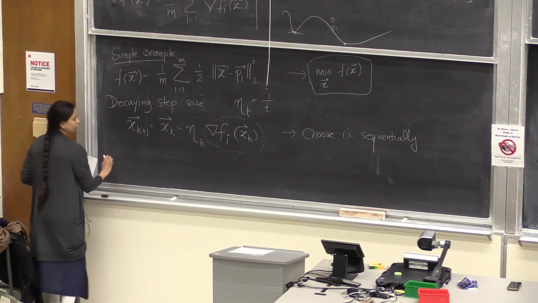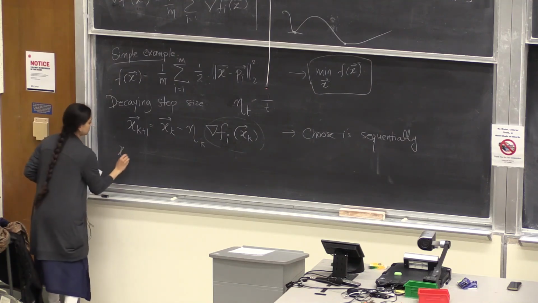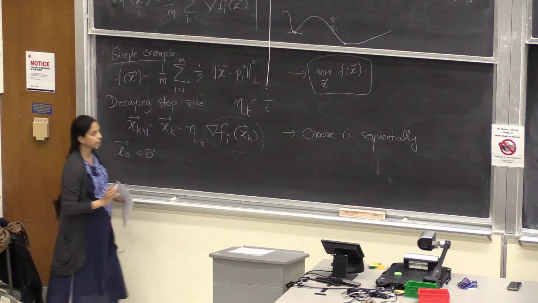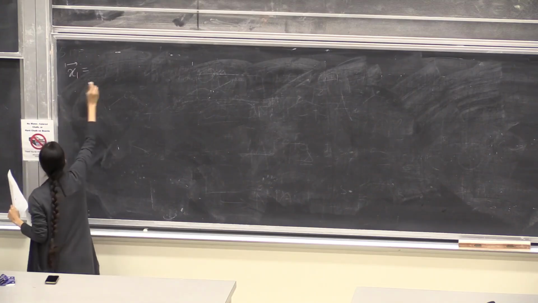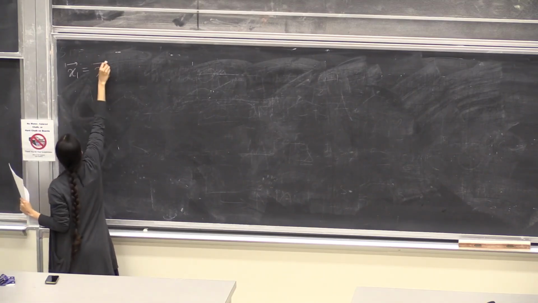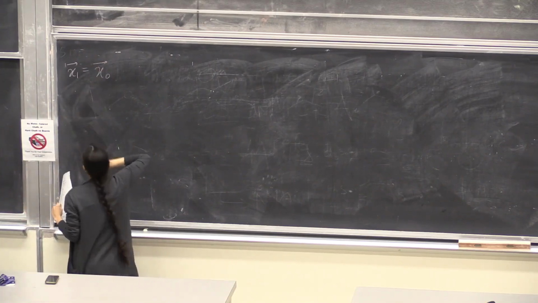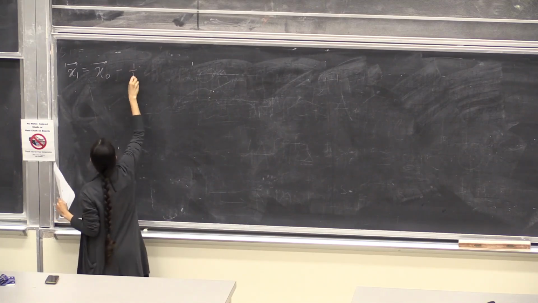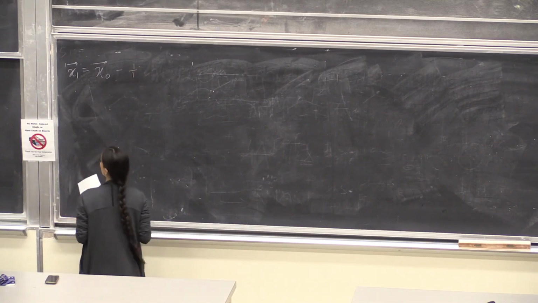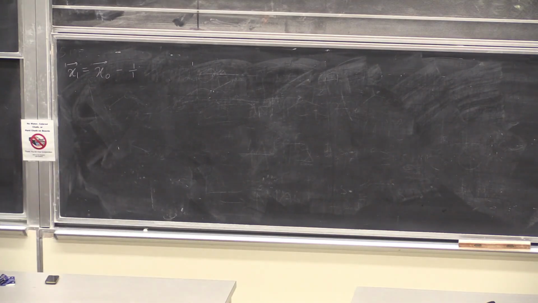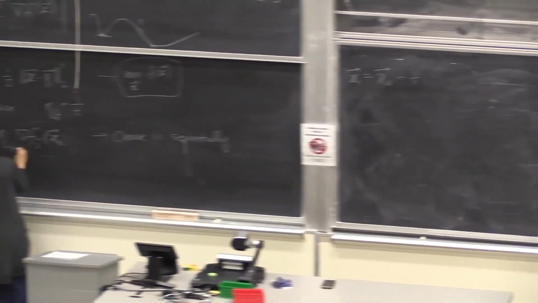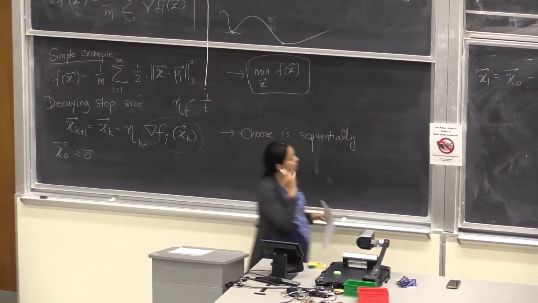So let's just say we start at x naught, let's say, equal to 0. Okay? So what is now x1 equal to? Well, x1 is equal to x0 minus 1 over 1. Let's just say here, call this eta k plus 1 so that we're not dividing by 0.